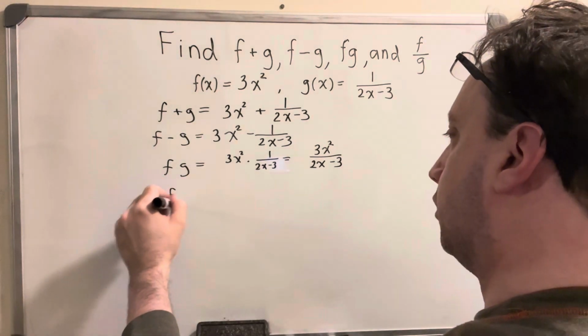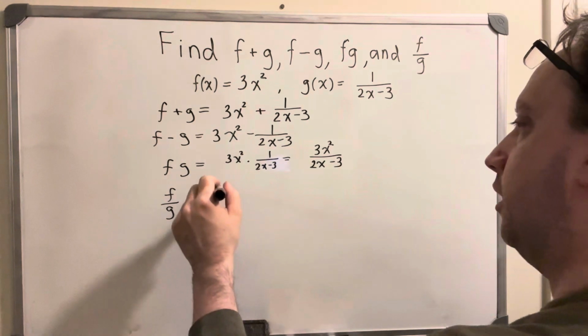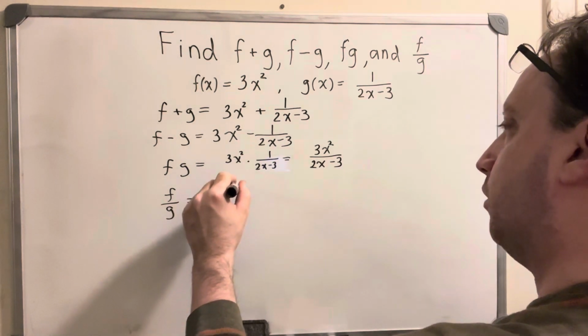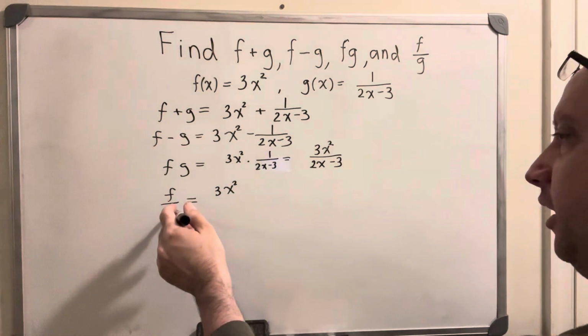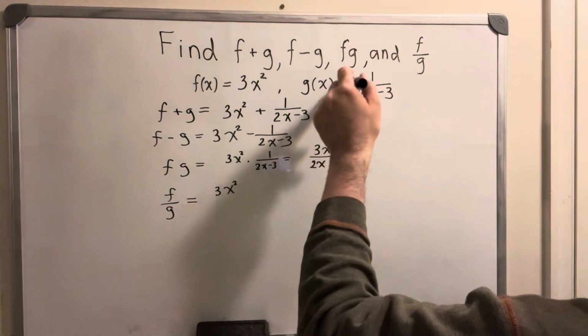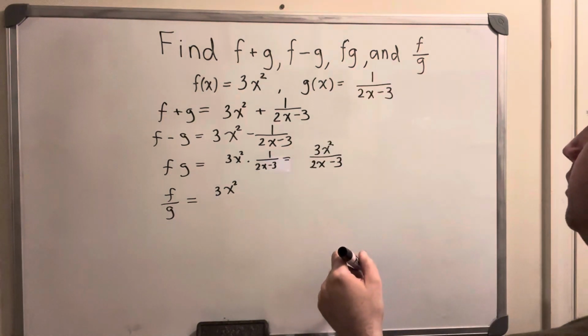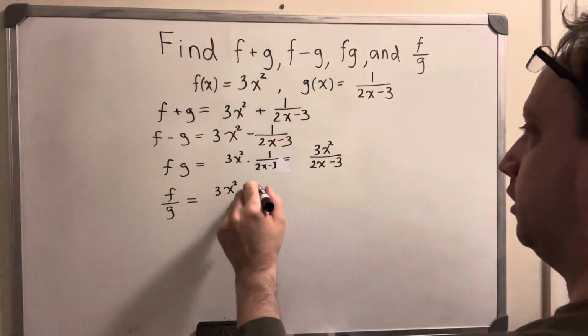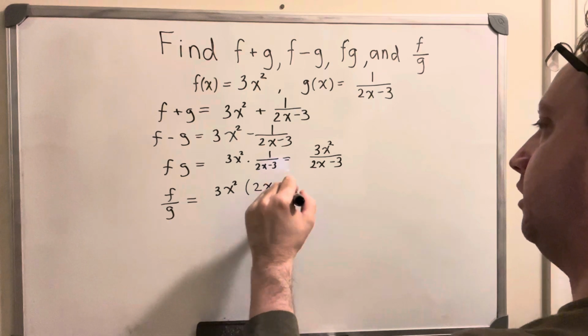And f over g equals 3x squared. And what I'm going to do is invert and multiply. So if g of x is 1 over 2x minus 3, 1 over that is just 2x minus 3.